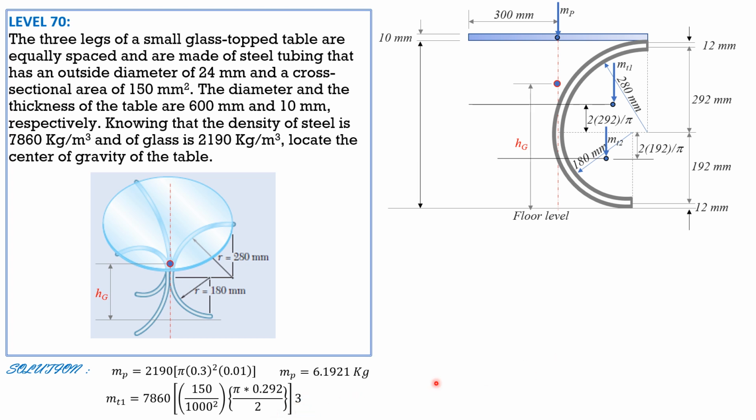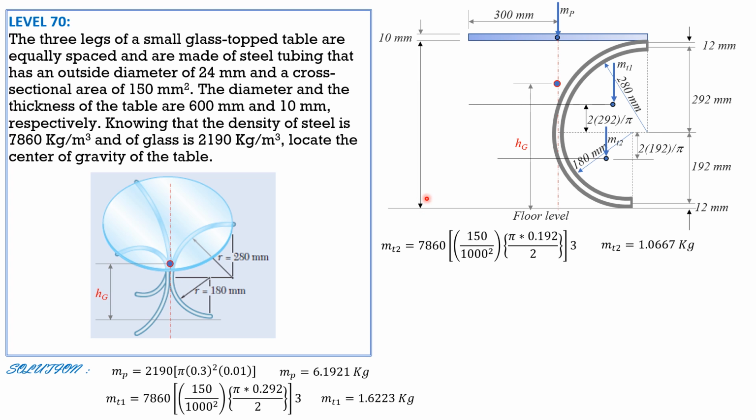So MT1 is 7860 times 150 over 1000 square in meter square cross-sectional area times length of path pi times 0.292 over 2, then times 3. So it is 1.6223 kilograms. Then for MT2, it is 7860 times quantity 150 over 1000 square pi times 0.192 over 2, then times 3. So it is 1.066 kilogram.